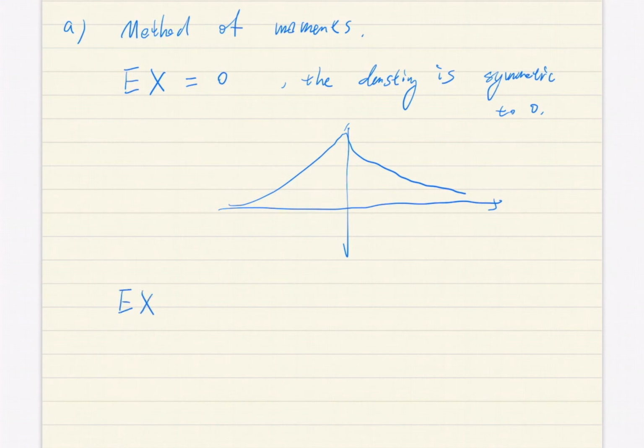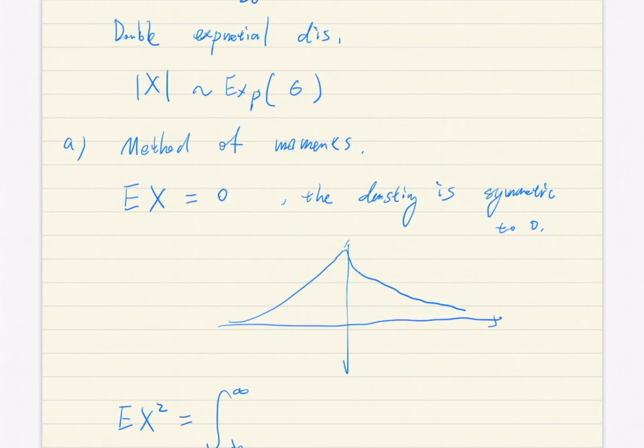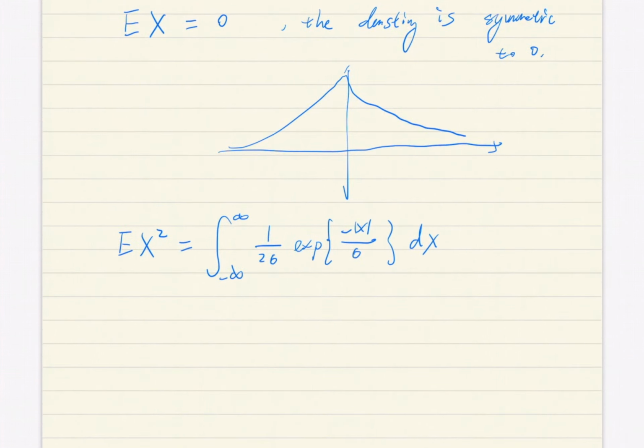So the second moment is equal to the integral of x squared times the density, with exponential of negative absolute x over theta, dx. Okay. And this one is equal to, because they are symmetric, sorry, I forgot a square here.